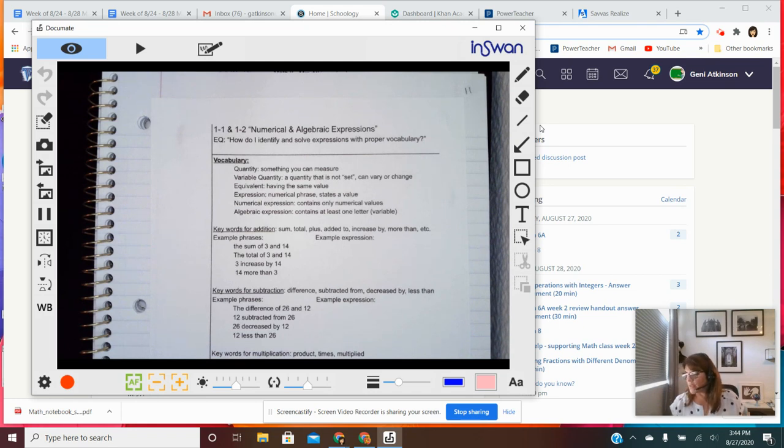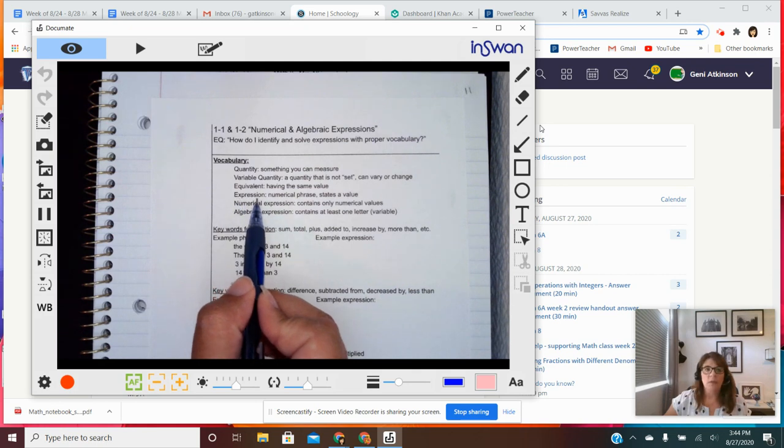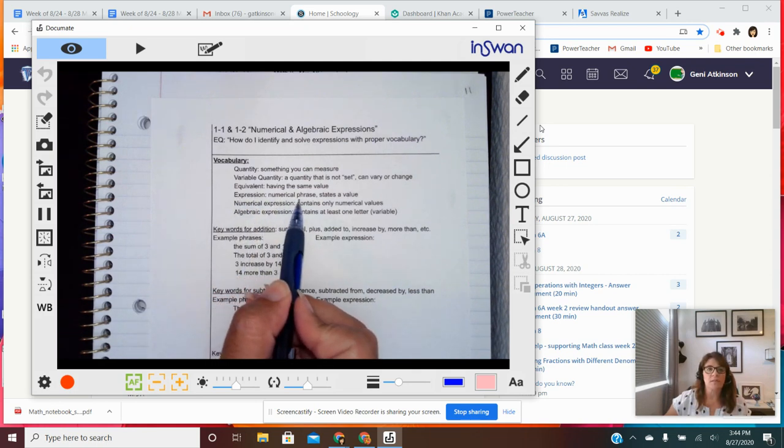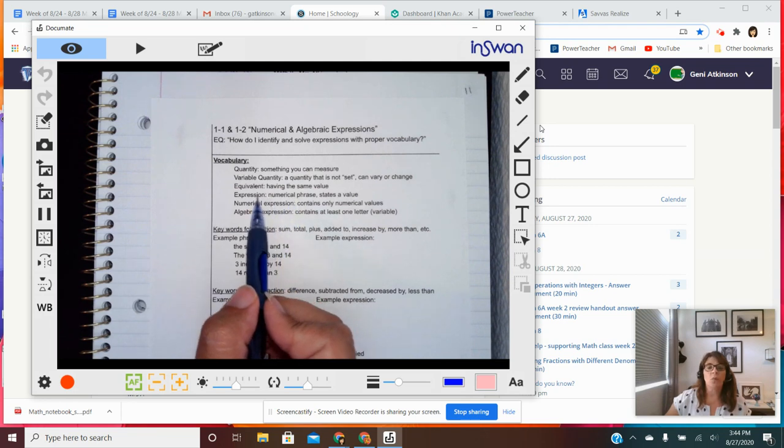Okay. Now, I want to be very clear. The word expression, okay, is a numerical phrase. Very soon we're going to get into equations. An equation is a numerical sentence. It has an equal sign in it. A numerical expression does not.